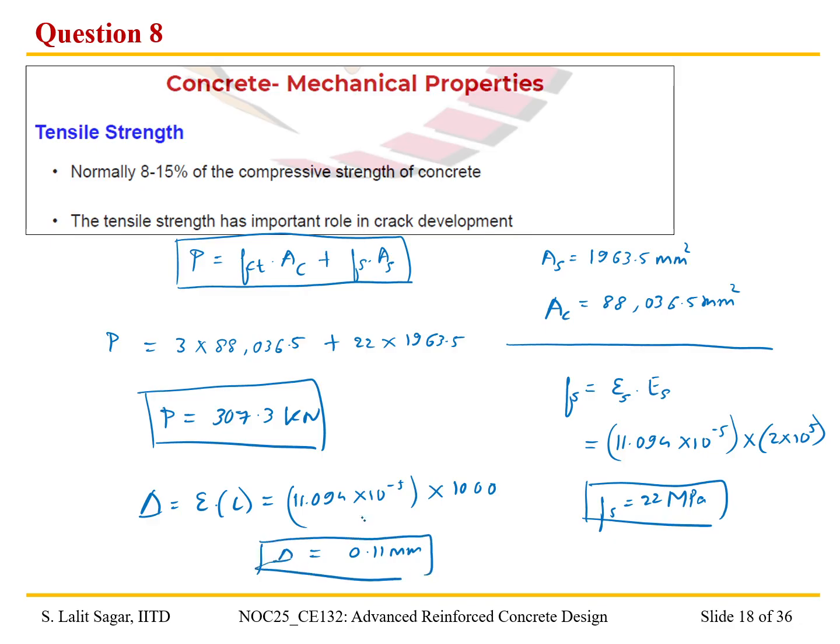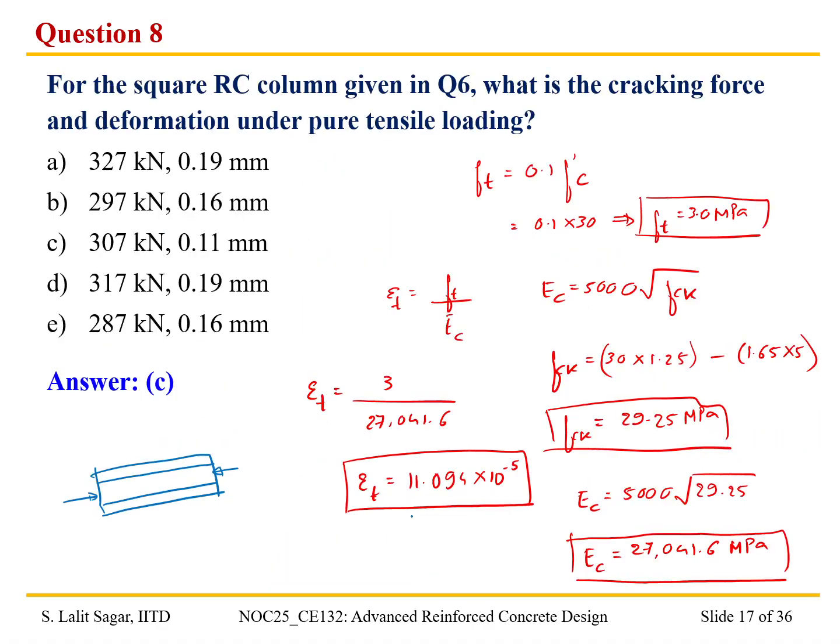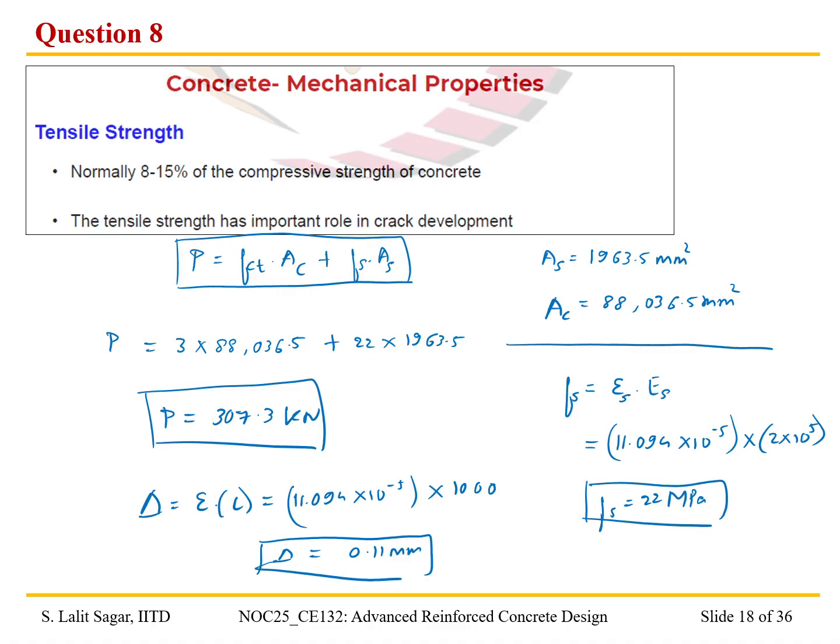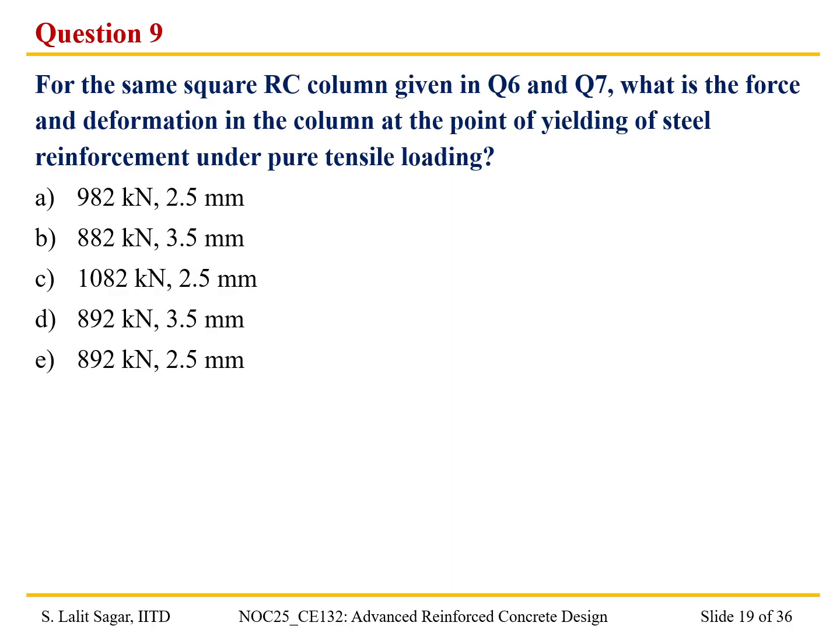So the value of P is 307 kilonewton, delta is 0.11, so the correct answer would be option C. Let us now move one step ahead in this big problem of determining the force deformation relation, and find out the force and deformation corresponding to the yield point of the reinforcing steel.